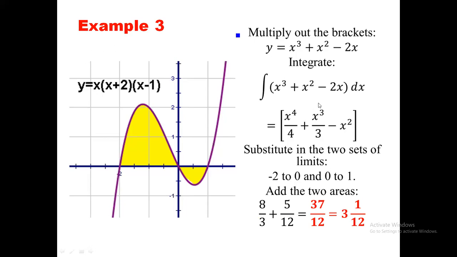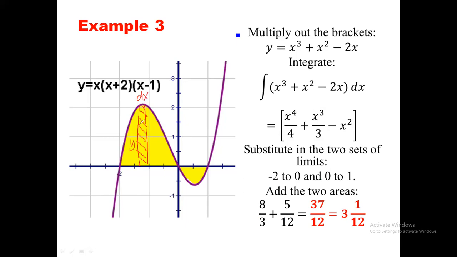Okay? Now, you said, Miss Ali, a while ago that it's important that we always set our differential element. So we set our differential element. So this is our differential element, dx and y.